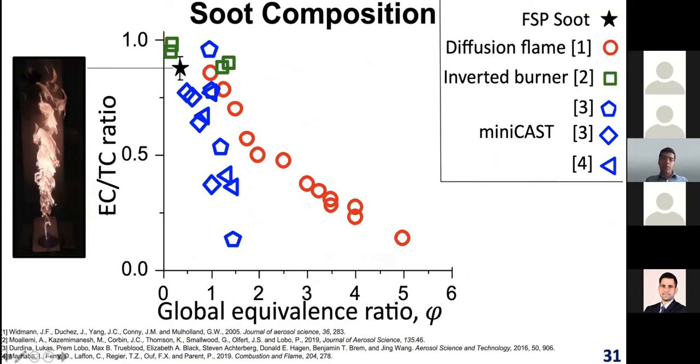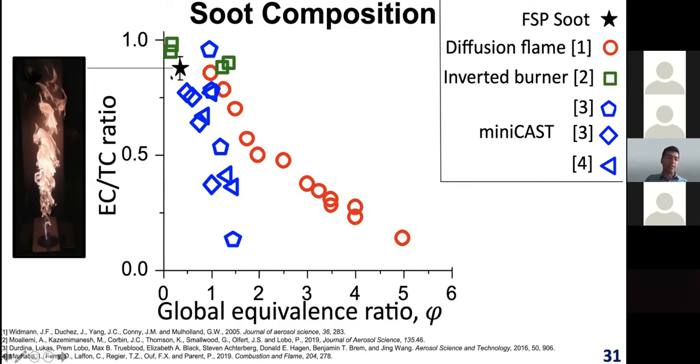So here you're looking at the elemental to total carbon ratio of the particles plotted versus the global equivalence ratio of flames for soot emitted from different sources: mini-cast, inverted burner, and diffusion flame. As you can see, when we make the overall equivalence ratio smaller, or we have leaner flames, the elemental to total carbon ratio increases.